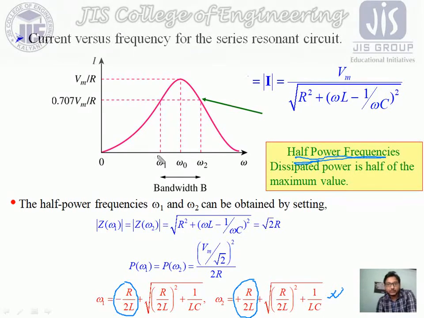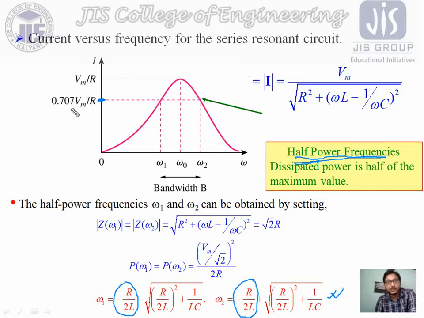So let's consider this omega 1 and omega 2. At these two points we are getting the half power, and for the corresponding frequency, if we draw the line, the line intersects the graph at this particular point, and if we take the x-axis line and it cuts over here, it shows that the current is 0.707 times its actual current.